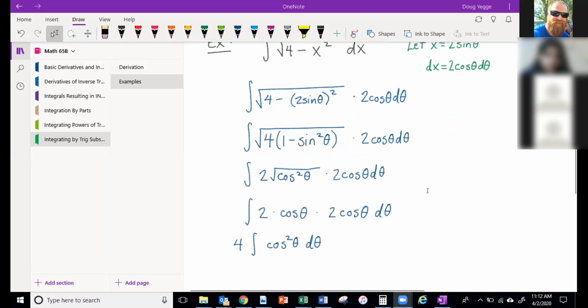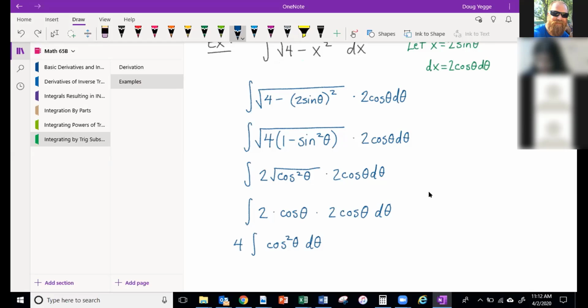If you take a look at the work, you could see that by replacing this form way up here with 2 sine theta, that caused this 2 sine theta to become 4 sine squared theta, which also had a 4 here. So I could cancel out that coefficient by factoring it out, and all that's left here is 1 minus sine squared theta, which is cosine squared theta.